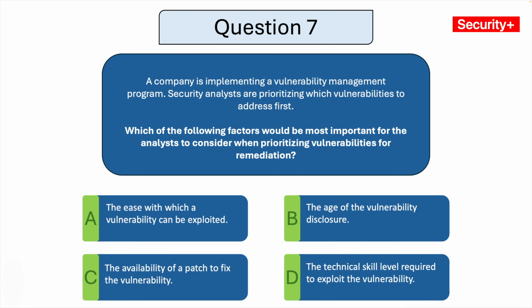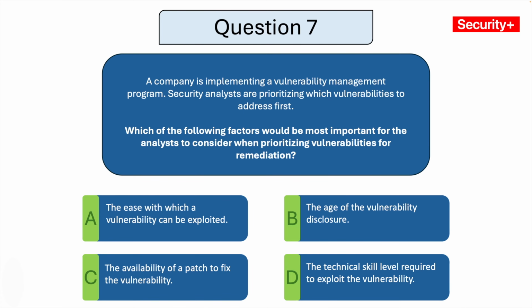All right, so this is a pretty simple one. If the impact of a vulnerability was an answer, I would go with that one, but it's not. While all of these play an important role in vulnerability prioritization, the best answer would be A. If a vulnerability is easily exploitable, that significantly increases the risk, is what I'm thinking.